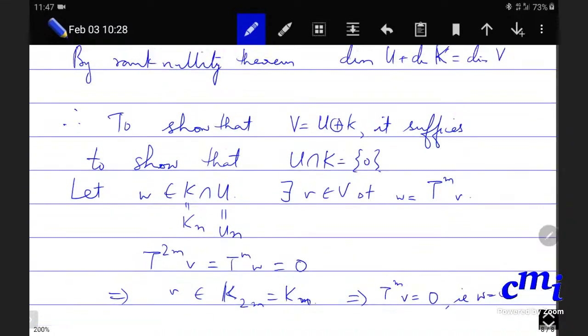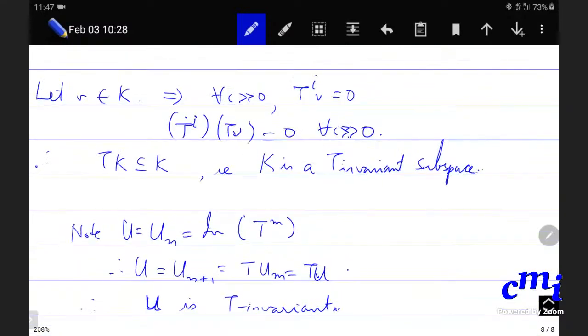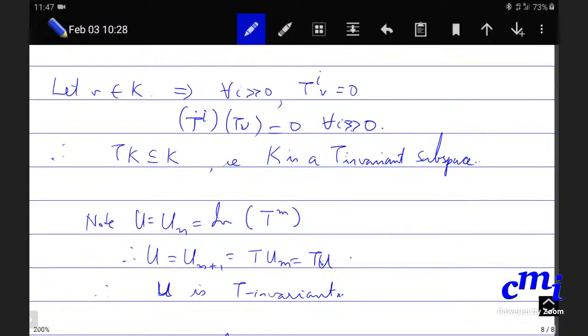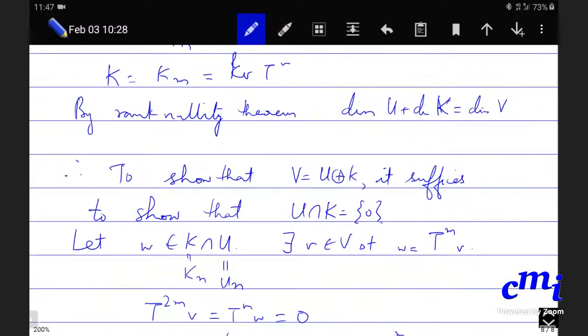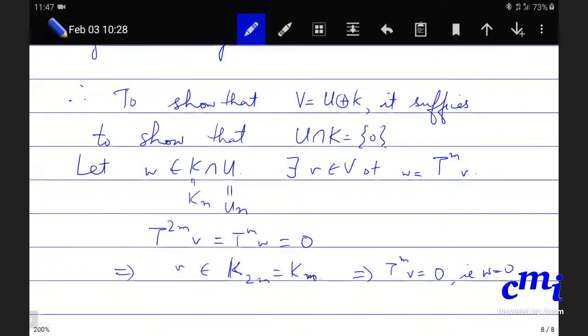So this proves that we have now broken V into two T-invariant subspaces. We will now look at T restricted to U and T restricted to K. We'll use the observation that we made earlier: T is not surjective, therefore U is a proper subspace.